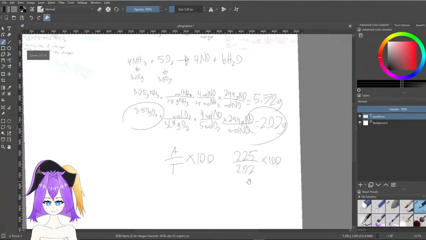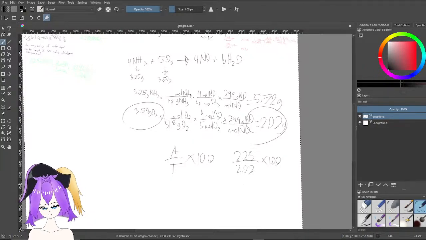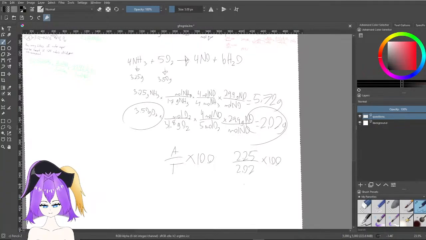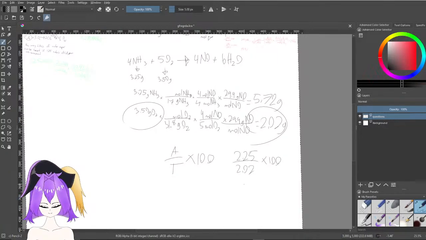Wait a second. 2.25 grams of nitrogen oxide is produced. 2.25 over 2.02 times 100.